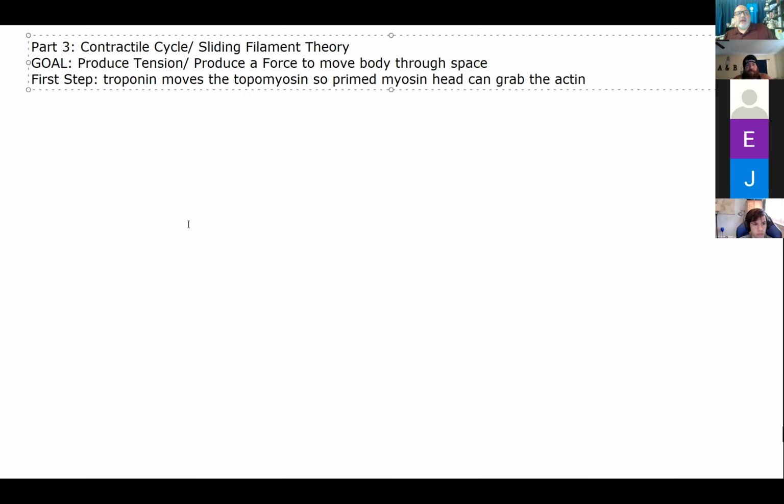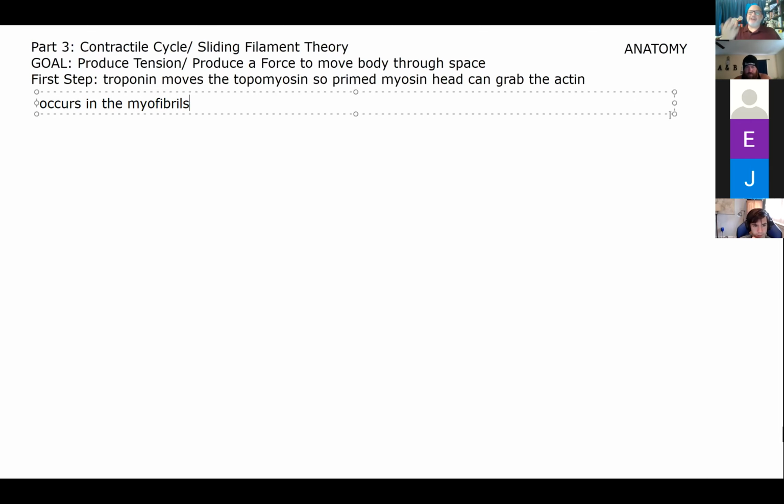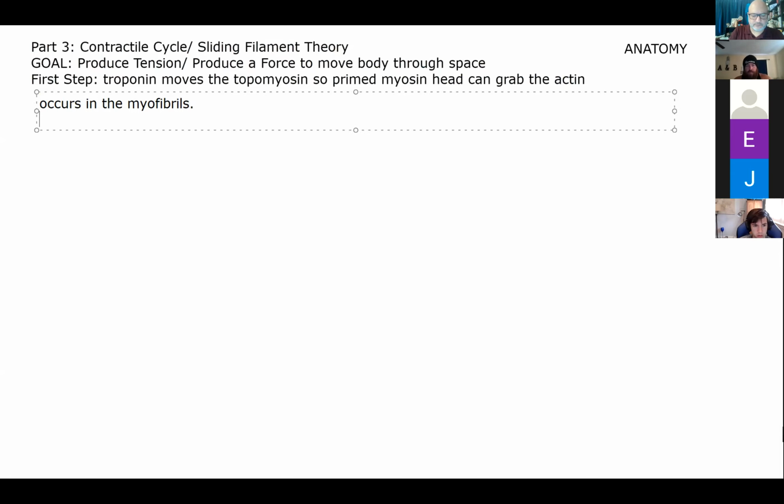Excellent. And once again, to fully understand how this works, we need to start with the discussion of the anatomy. Now, a lot of this we already know. This is going to occur in the myofibrils. But remember, those myofibrils are made up of that repetitive pattern of sarcomeres.